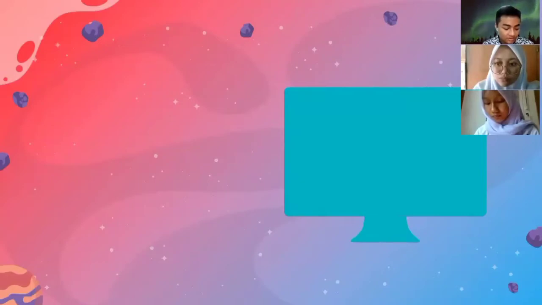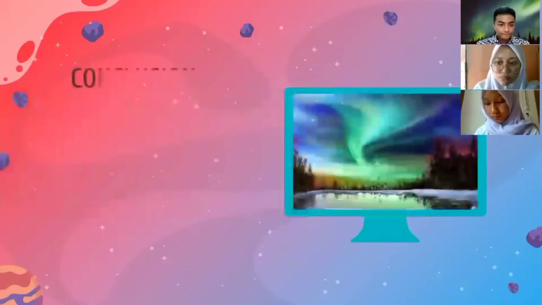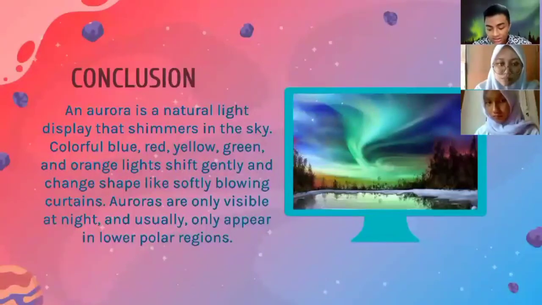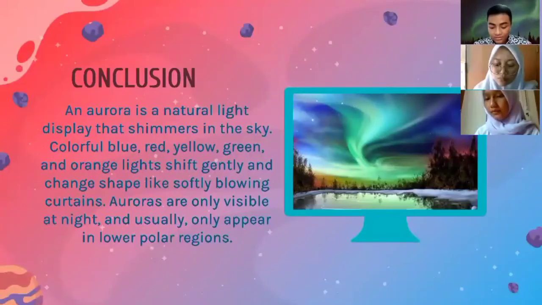So the conclusion about the aurora is: aurora is a natural light display that shimmers in the sky, in colorful red, blue, yellow, green, and orange light, and changes shape like a softly blowing curtain.